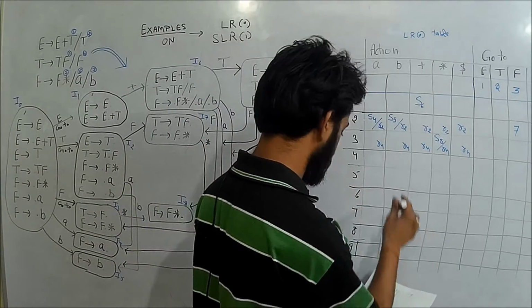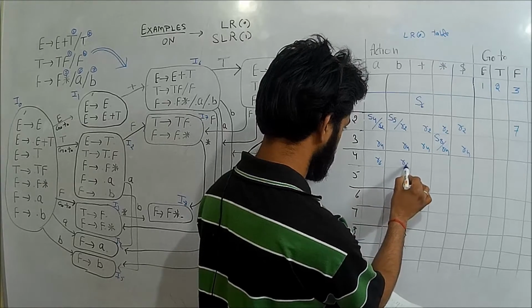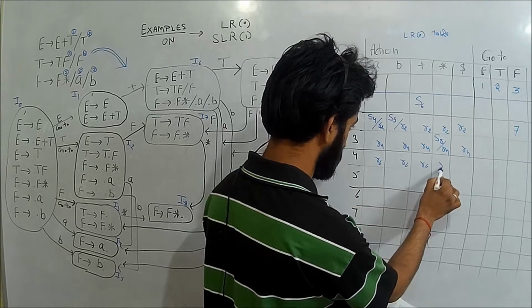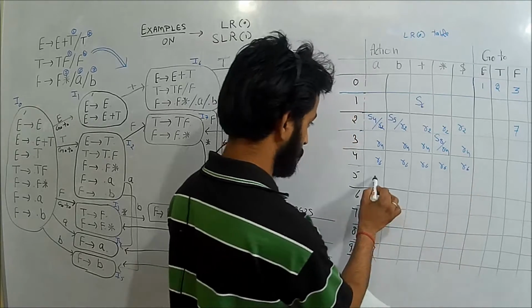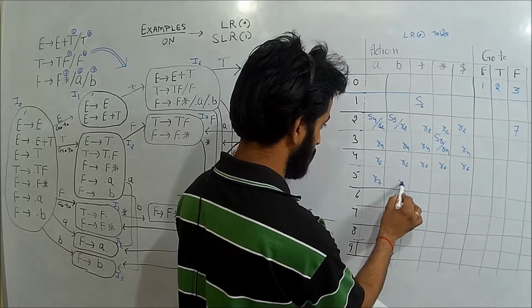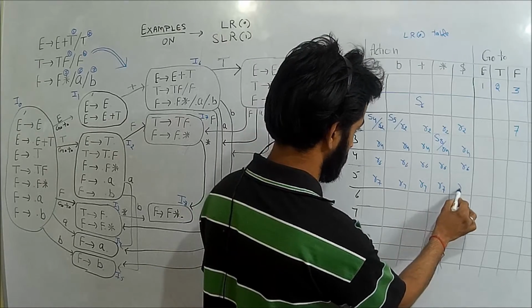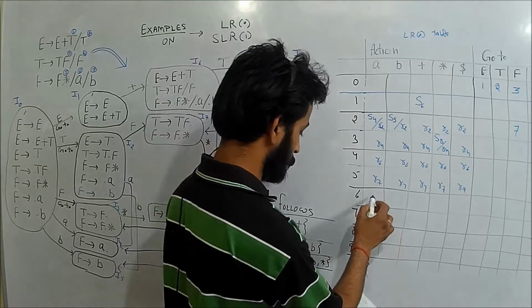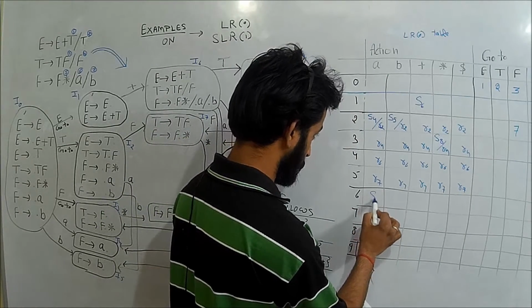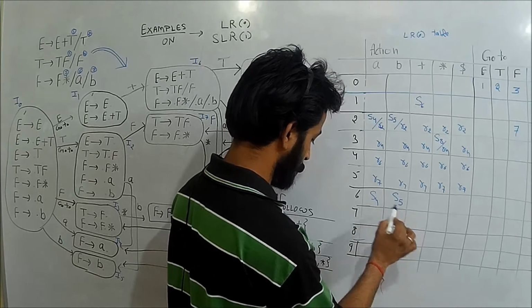Next possible we have R6, R6, R6, R6 and R6. Next we have R7, R7, R7, R7, R7. Okay, so for the 6 we have S4 and S5.